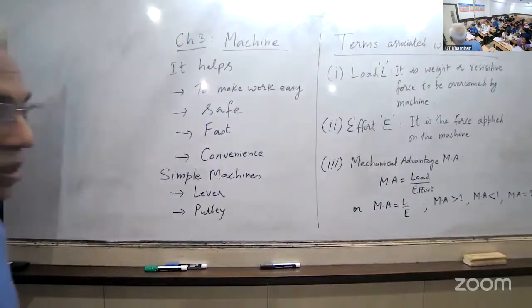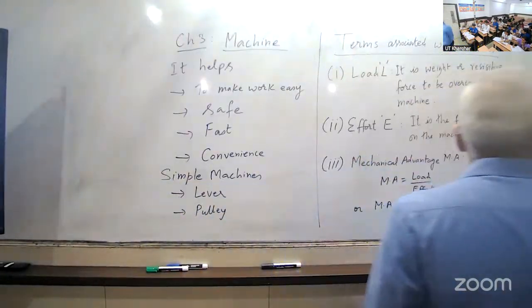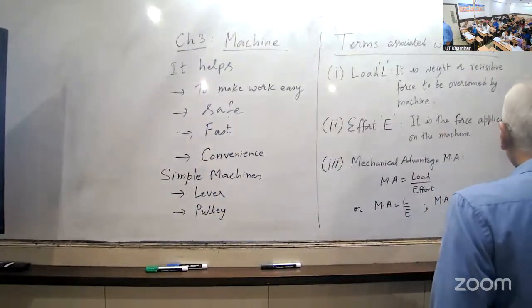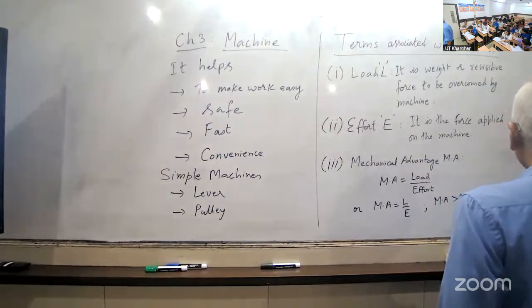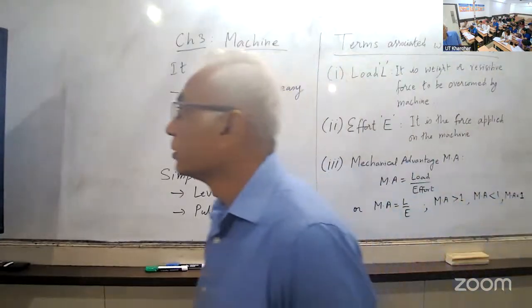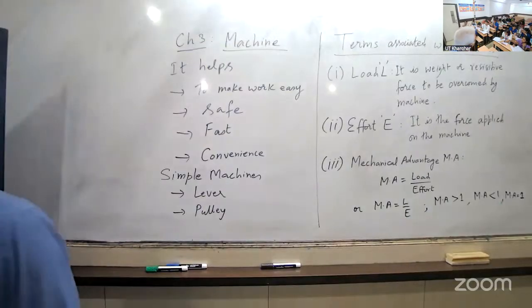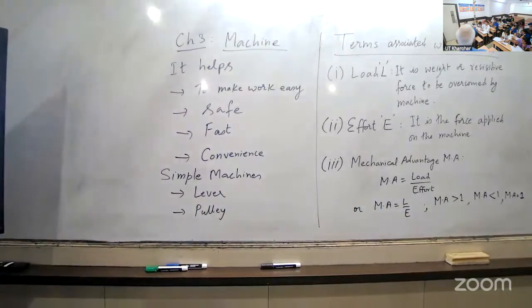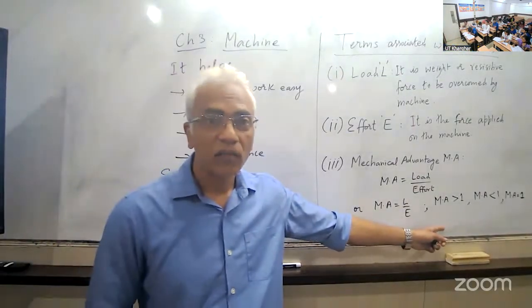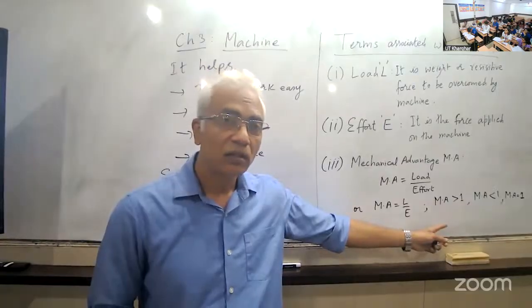Okay, so the last part is MA equal to 1. Depending upon the value of mechanical advantage, the machine has different functionality, right? So what does MA greater than 1 mean?